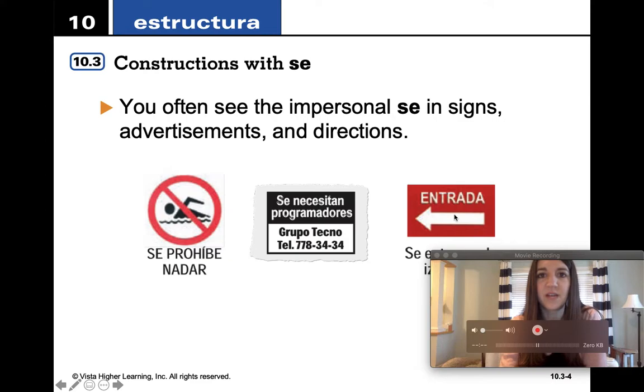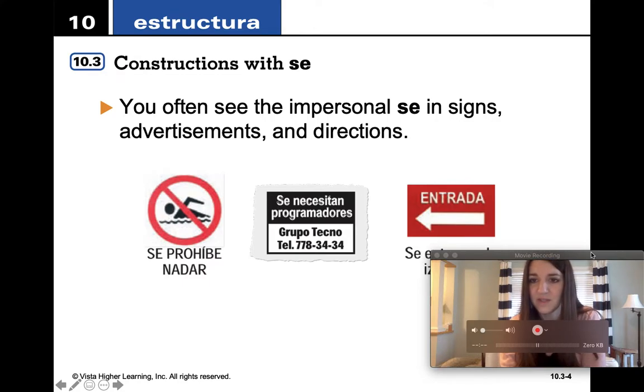So you'll see this oftentimes in signage because we're not directing one specific person. You can't walk here. We're saying one can't walk here. It's also a little more kind. So, se prohíbe nadar. Swimming is prohibited. Swimming is one thing, so we used the singular. Here, programmers are needed because this is plural. We made necesitan conjugated for the third person plural.